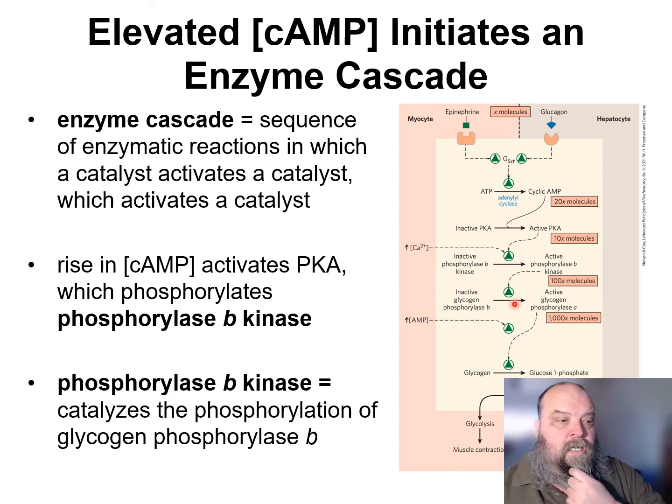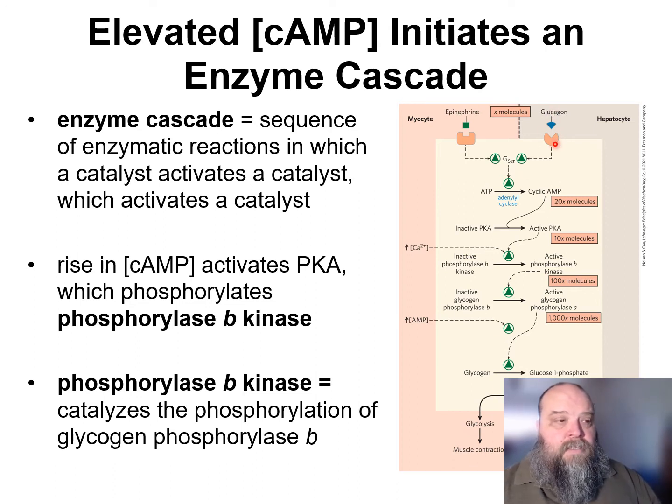Well, what is it targeting? It's phosphorylating B to turn it into the active form A. So glycogen phosphorylase A cuts glycogen, releasing G1P. G1P will then be converted to G6P to enter into glycolysis, energy. Boom.